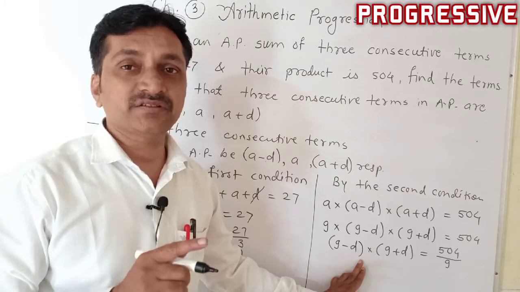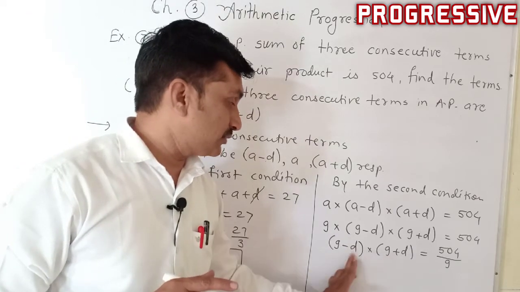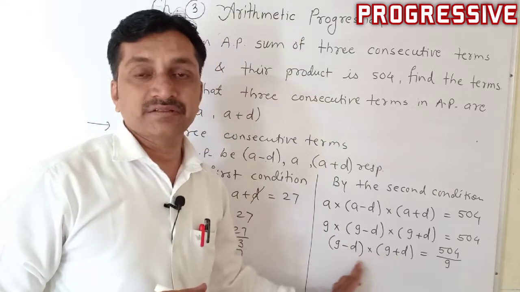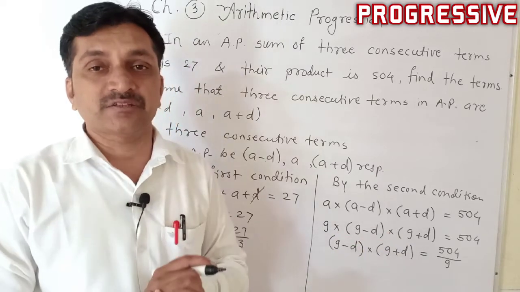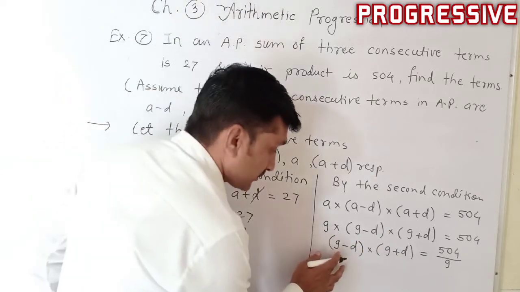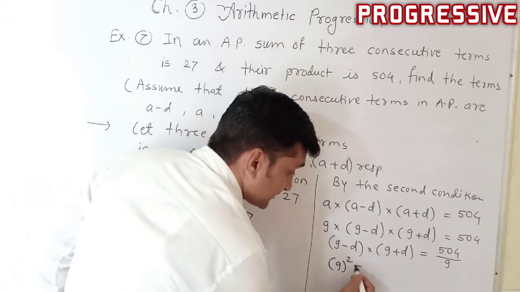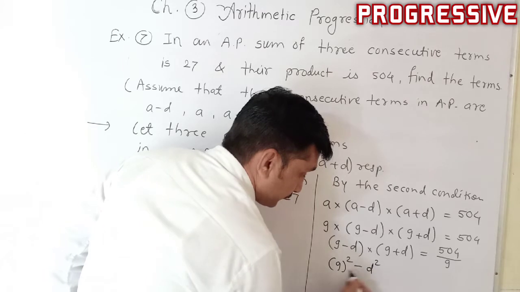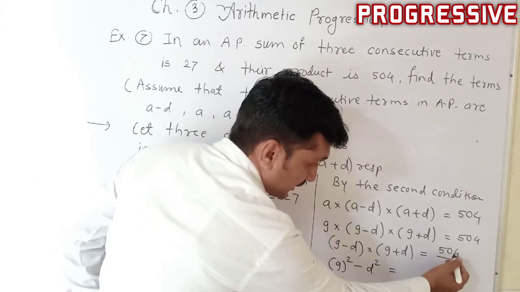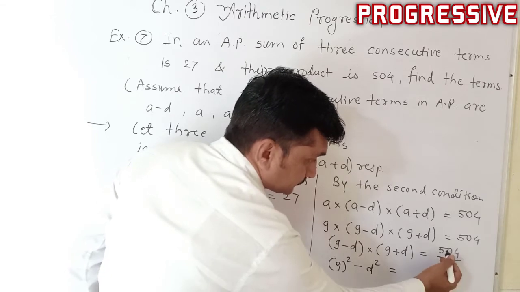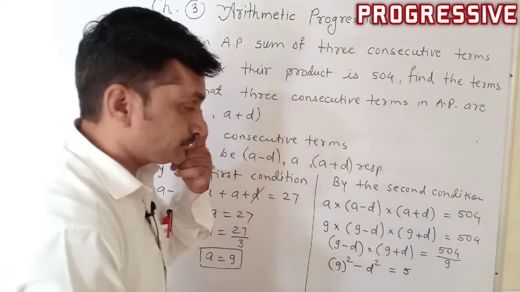First term square minus second term square, because both terms are the same and in between there are opposite signs, plus and minus. Therefore we use that expansion: first term square minus second term square. What is the first term? 9. Therefore 9 square minus second term d square is equal to 504 divided by 9, which is 56, since 9 sixes are 54 and 9 fives are 45.